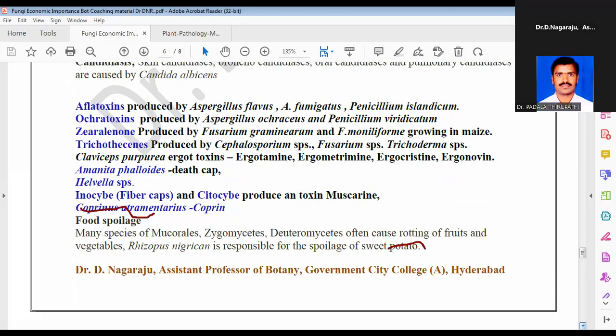And you know, so many saprophytic fungi also cause spoilage of food. If you place bread, spoiled vegetable or fruit in an open place, what happens?